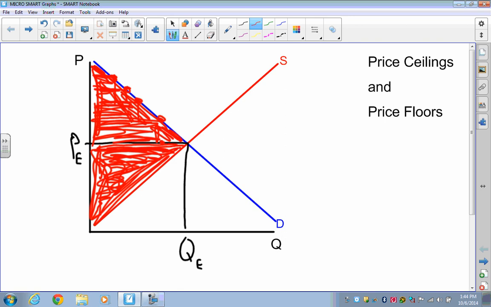When I found a way to eat up all of the consumer surplus, get everyone to pay the max amount they'd be willing to pay, I will increase my producer surplus. And that's called perfect price discrimination. Is that a reality? No, but in theory, that's what it would do. It's a theoretical construct called perfect price discrimination, where I can eat up this whole thing here.